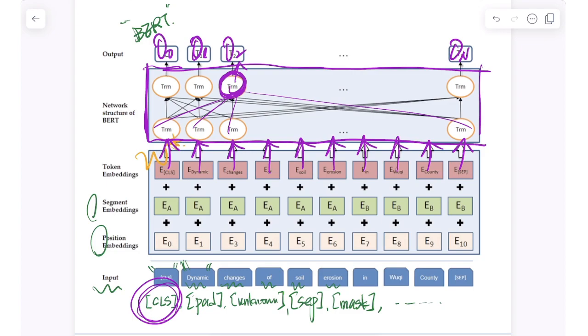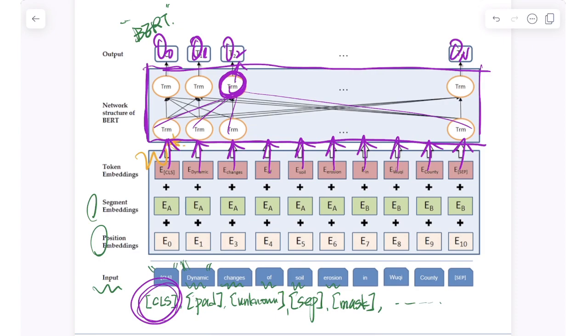For the output of cell 2, a recurrent neural network only receives information from cell 1 and cell 0. It cannot observe the input tokens after this cell. But for BERT, the output O2, for example, can observe all the input tokens, from I1, I2 to IN. So that is the difference.